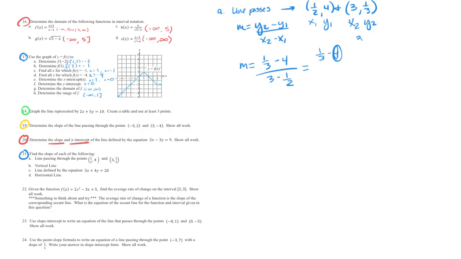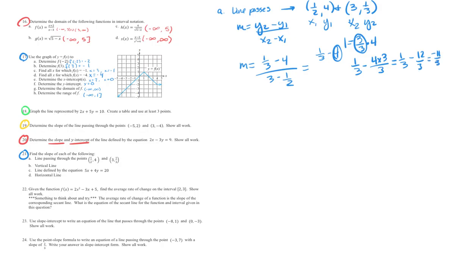We can just multiply it by 3/3, because 3/3 itself equals 1. So we have 1/3 minus 4 times 3/3. 4 times 3 is 12, so we have 1/3 minus 12/3, which equals -11/3.